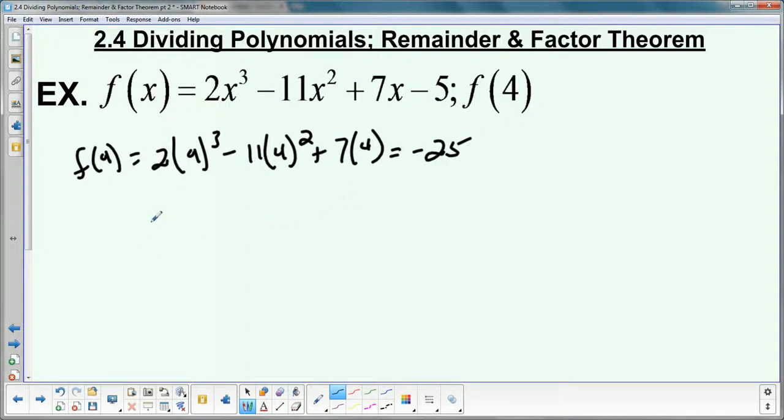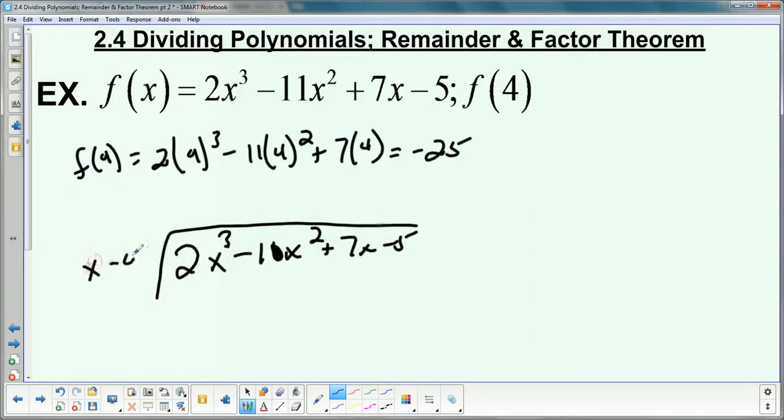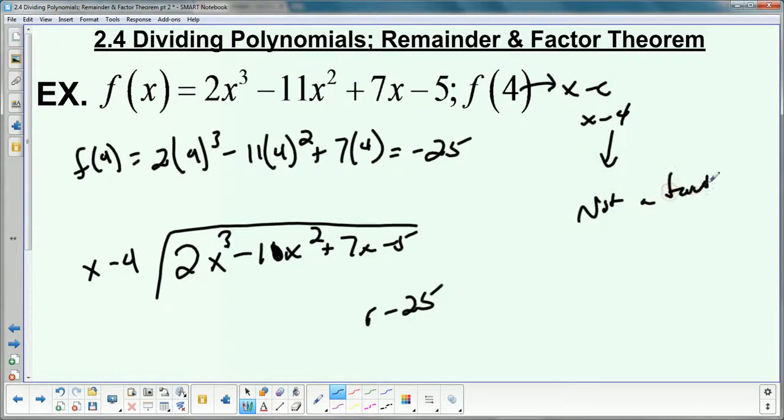Which means if I did long division or synthetic division, either one, of 2x cubed minus 11x squared plus 7x minus 5 divided by x minus 4, because that is c, so it's x minus 4, I would get a remainder of negative 25. Which means also that this is not a factor, because it would have to be equal to 0. And that gives us a general idea of our factor and remainder theorem.